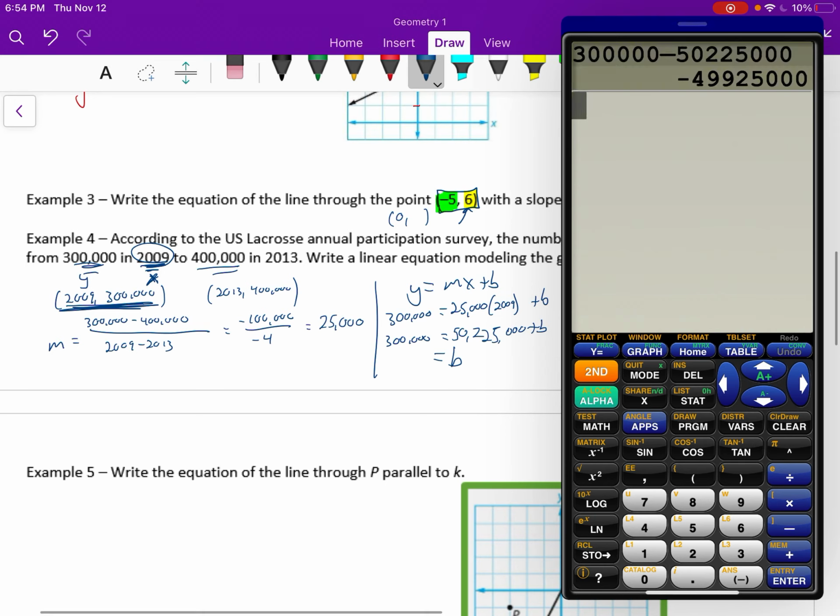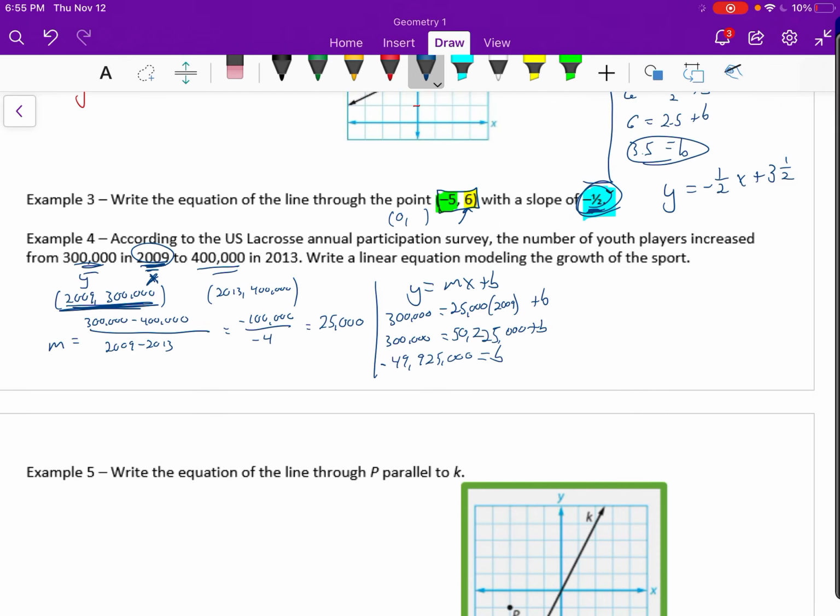An interesting number here. I'm going to have to give myself a little more room. This is negative 49,925,000, which is b. So the equation is y equals 25,000x minus 49,925,000.